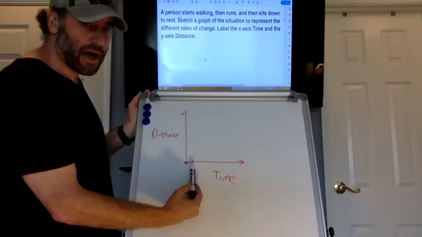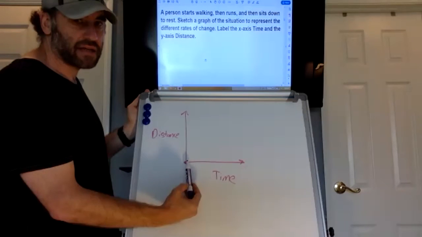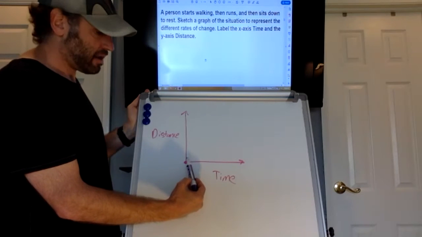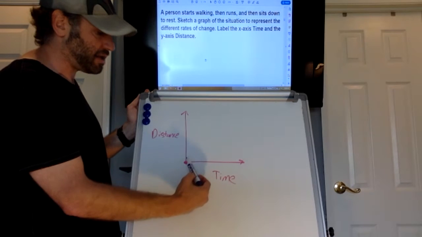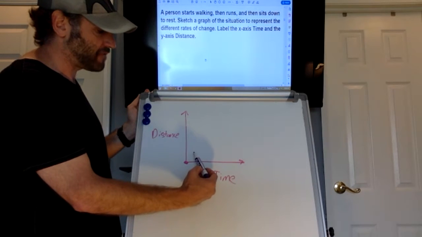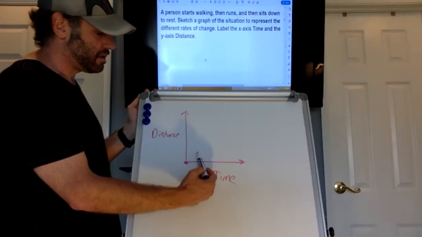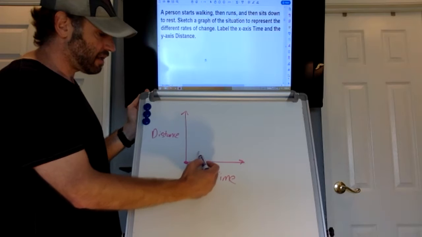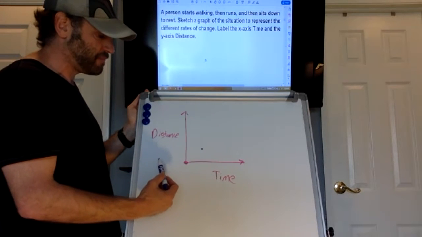As time goes by, the person's distance doesn't stay at 0. They're walking, so it needs to travel up at the same time you're going to the right. Think of an Etch-a-Sketch. So time goes by, but I have to increase my distance from my starting point, also known as displacement.